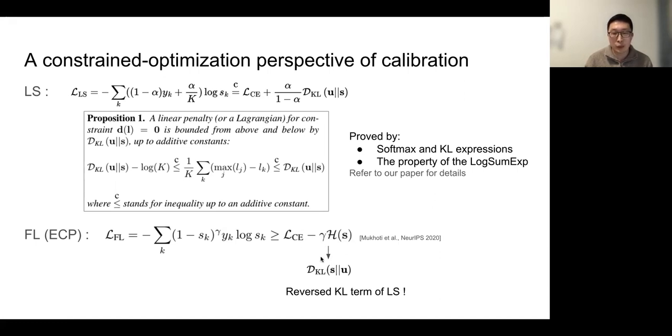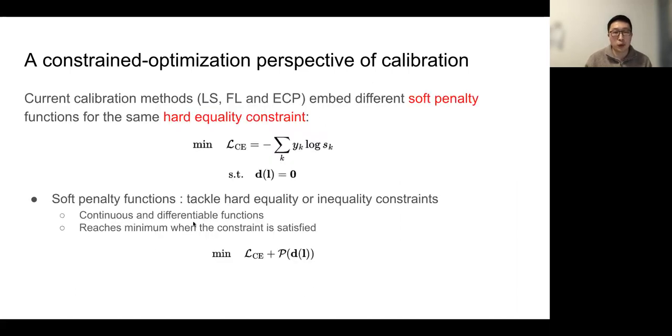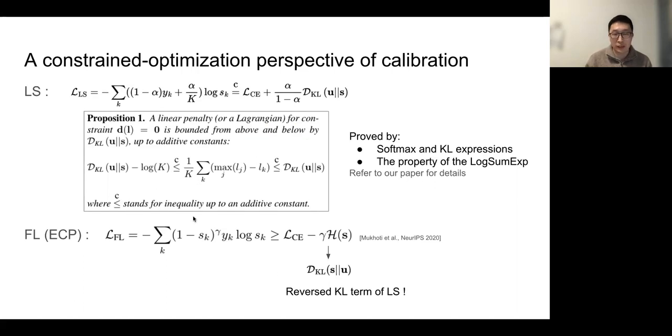And it's also straightforward to get the insight that the negative entropy is equal to the KL term between the softmax prediction and the uniform distribution. So it's actually a reversed KL term of what is imposed by label smoothing. So the conclusion from proposition 1 also holds for the focal loss.